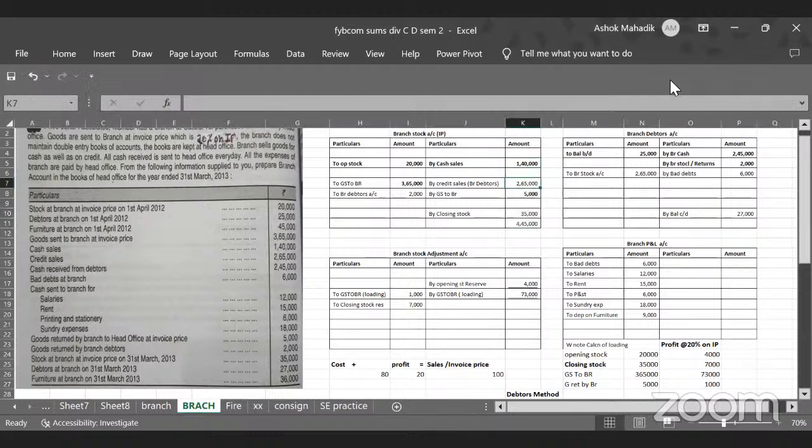So total is 445. I'll copy the formula here. So there is a difference. Let me see if we have missed out any item. Stock opening, debtors, furniture, goods into branch, invoice price 365.